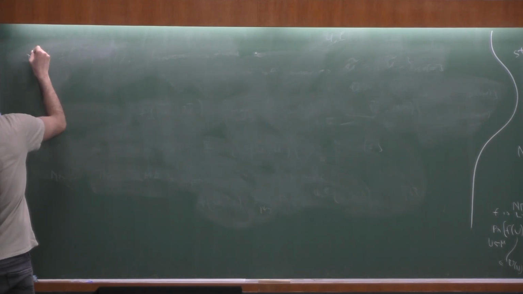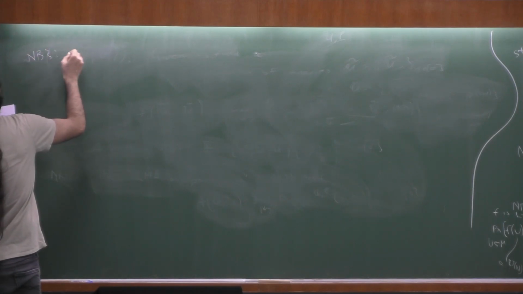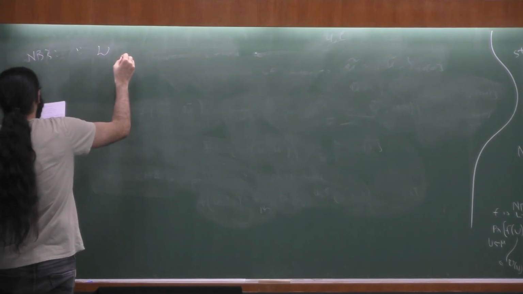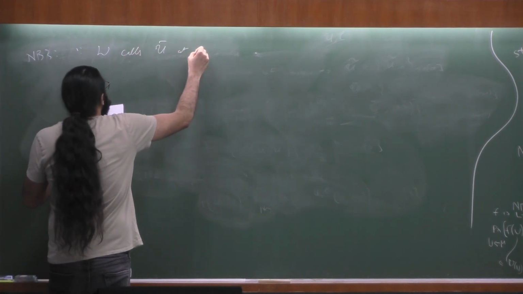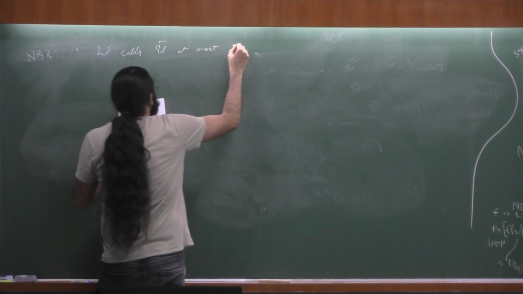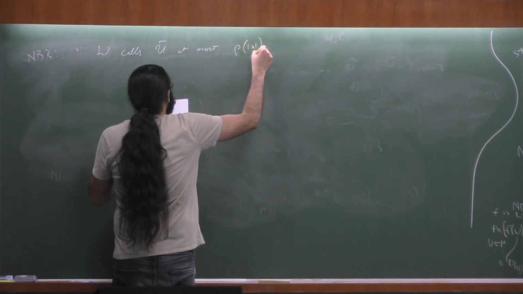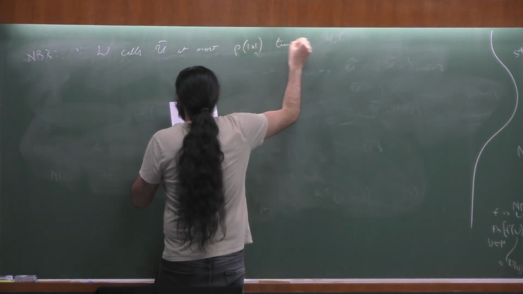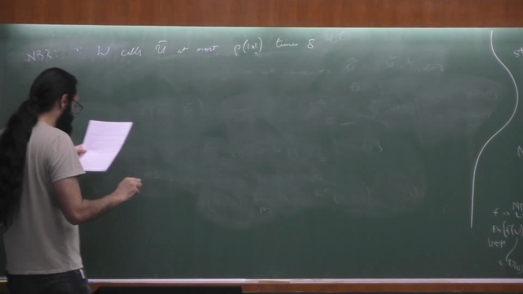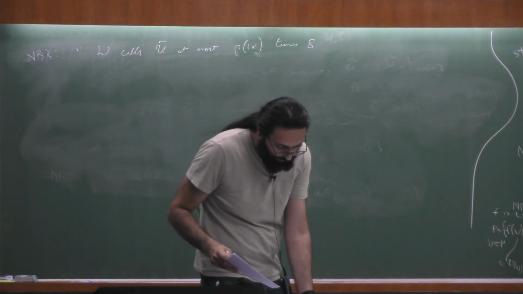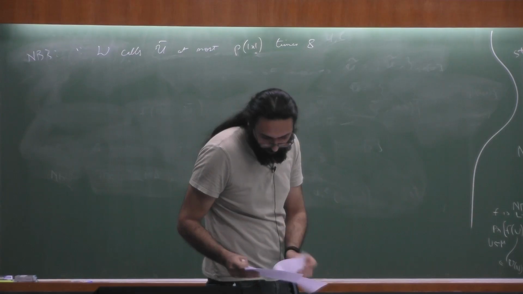It says, because W calls u bar at most p_x times, and... am I messing up something? Wait, no, it's fine. Okay.